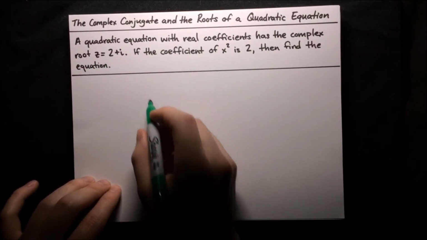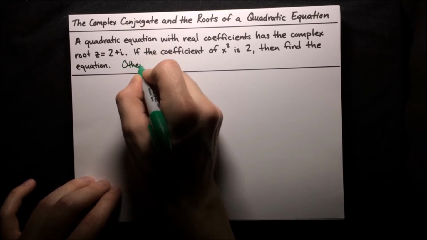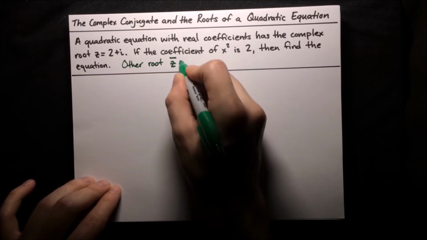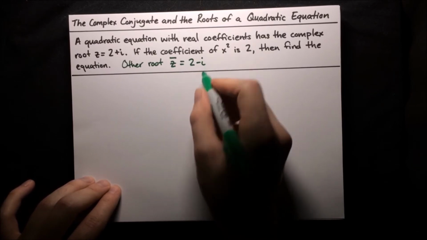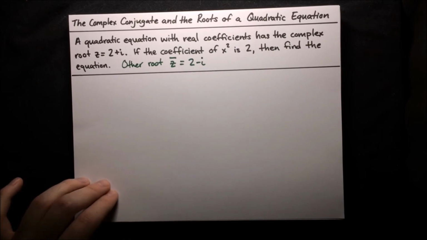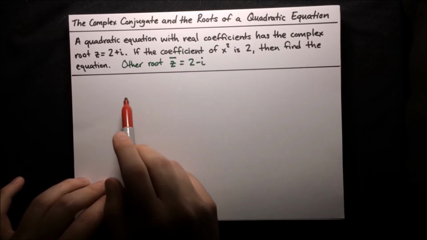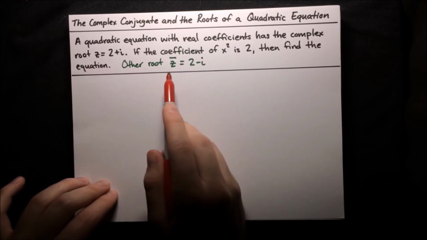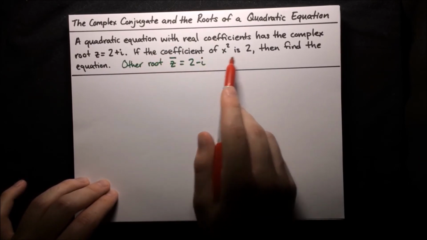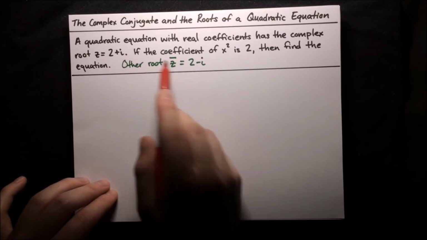That means the other root is z bar, the conjugate, which is 2 minus i. And we'll use this along the way to get to the equation. First of all, let's just find some equation that has the roots z and z bar. Let's not worry about the coefficient of the x squared yet. Let's just construct an equation that has these two roots.